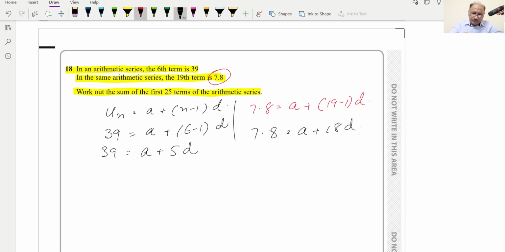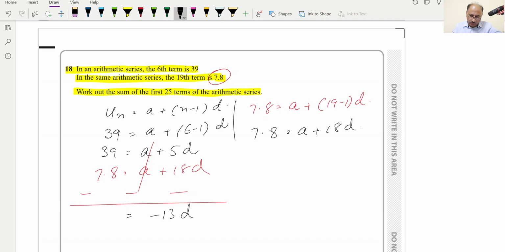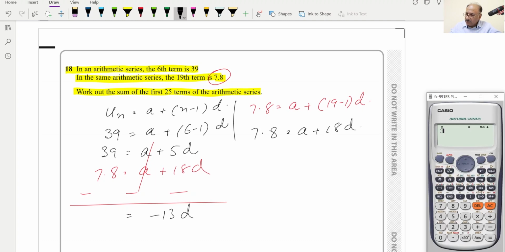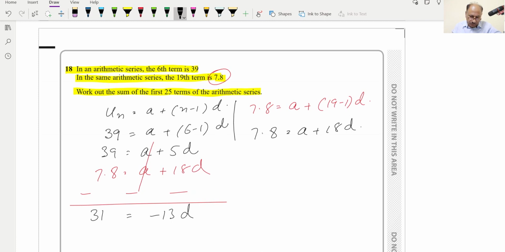Now we can solve the simultaneous equations. I'm copying this equation over here, a plus 18d, and subtracting, changing signs, the a will cancel, and minus 13d will be equal to 39 minus 7.8, which is 31.2.